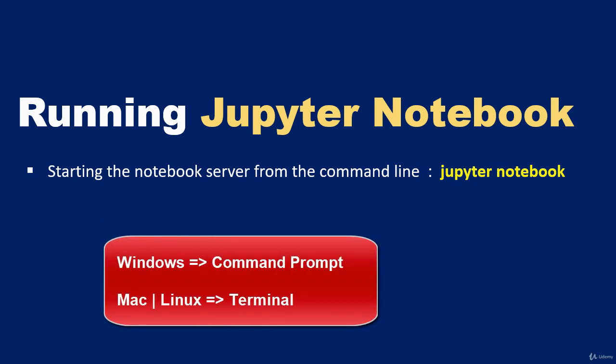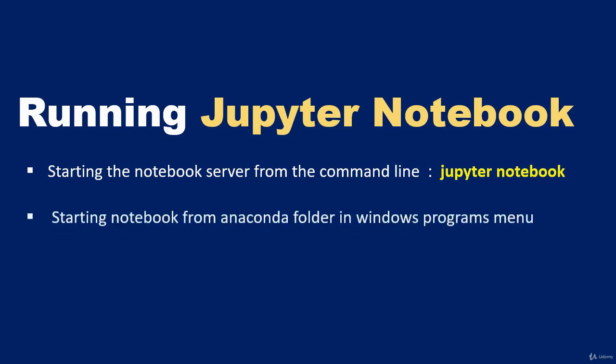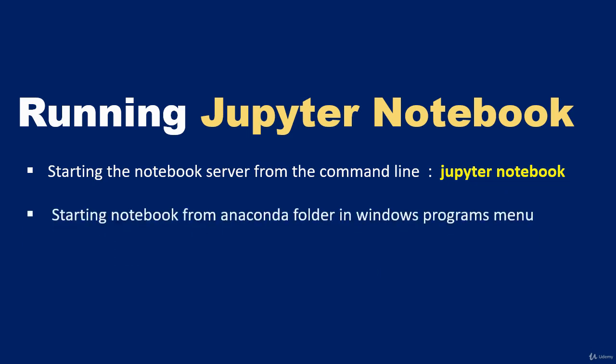So once you've got your command line opened, you type in this command jupyter notebook, and that will start the Jupyter server. The other way to start the Jupyter Notebook server is from the All Programs menu in your Windows-based computer. If you go to the Anaconda folder within the All Programs, there should be an icon there for Jupyter Notebook.